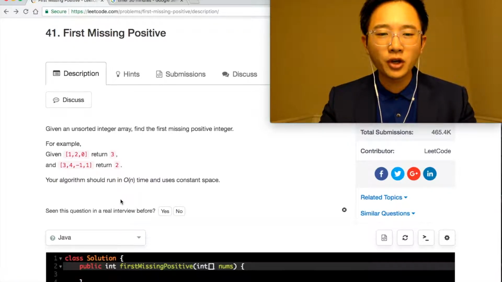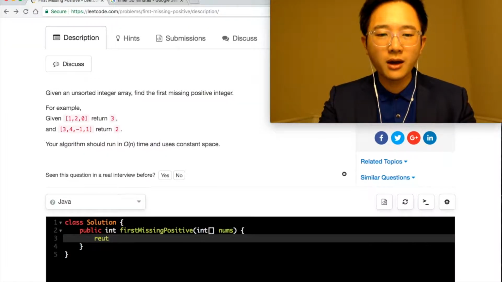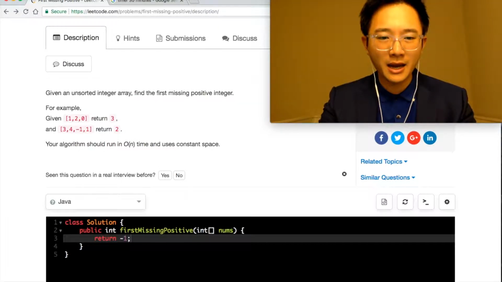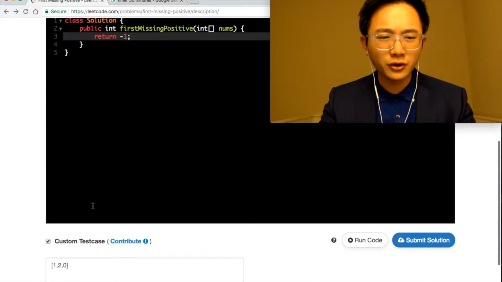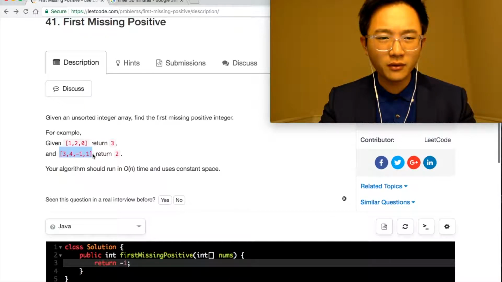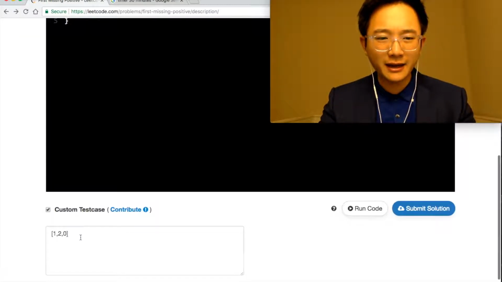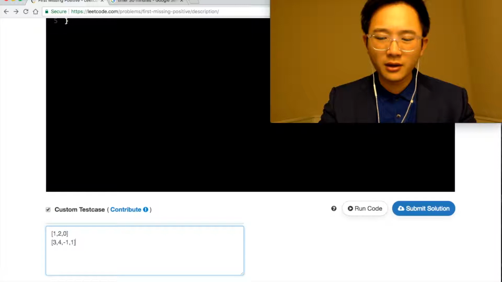I just want to test my guesstimation. We have 1, 2, 0, and we have 3, 4, negative 1, and 1.